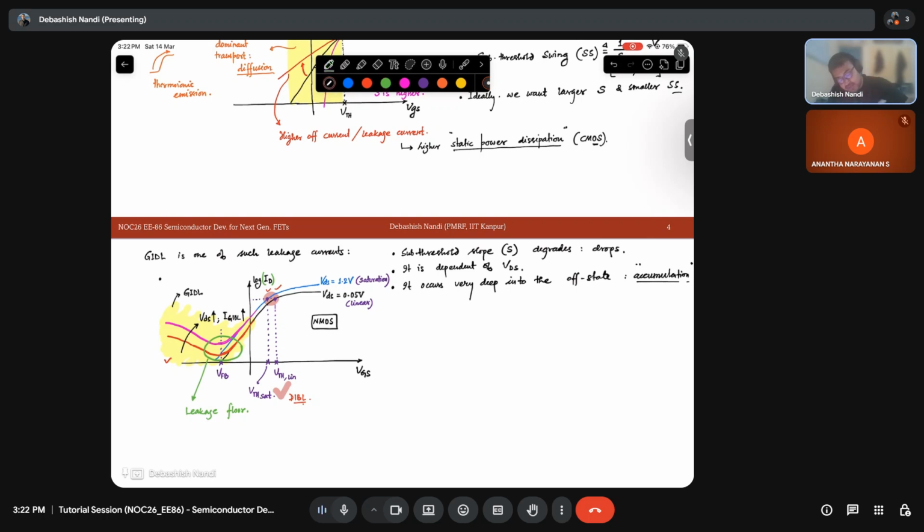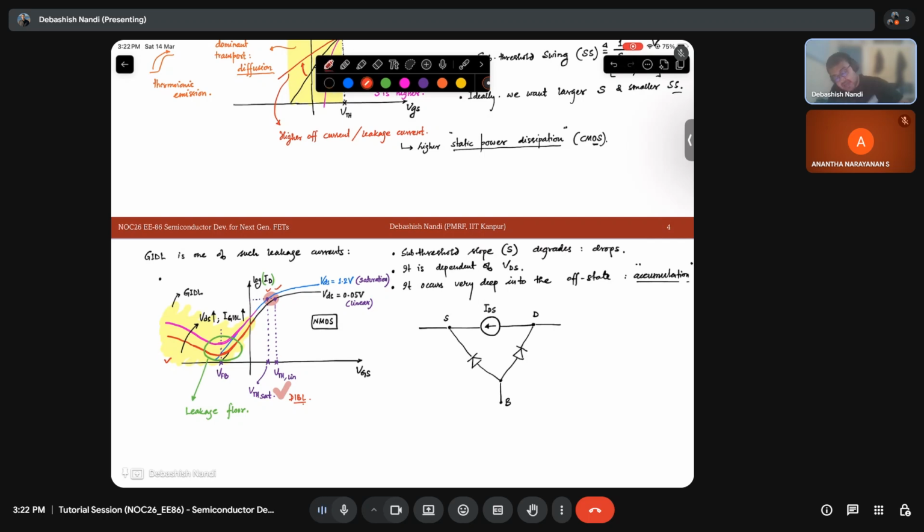I want to make sure that you understand this. If I have not covered it already, I'm just repeating it. This is my IDS, right? There will be a diode. So this is my body. This is my drain. This is my source.